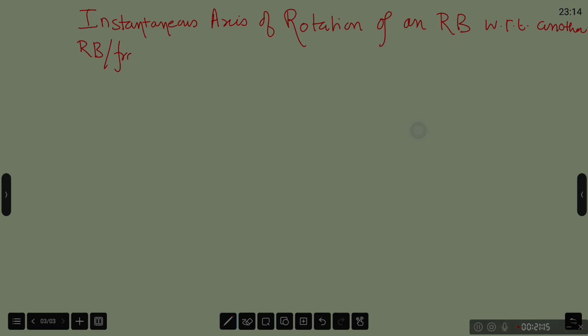I will use the acronym IAR to refer to this otherwise long phrase, instantaneous axis of rotation.